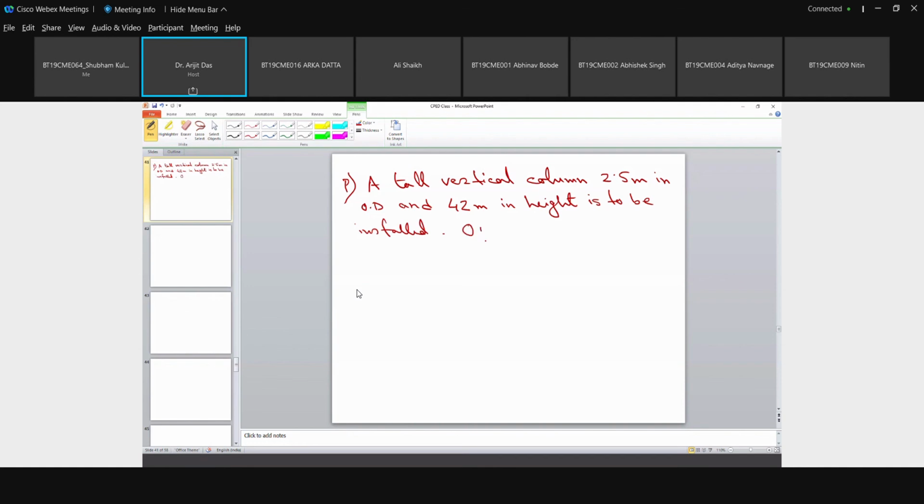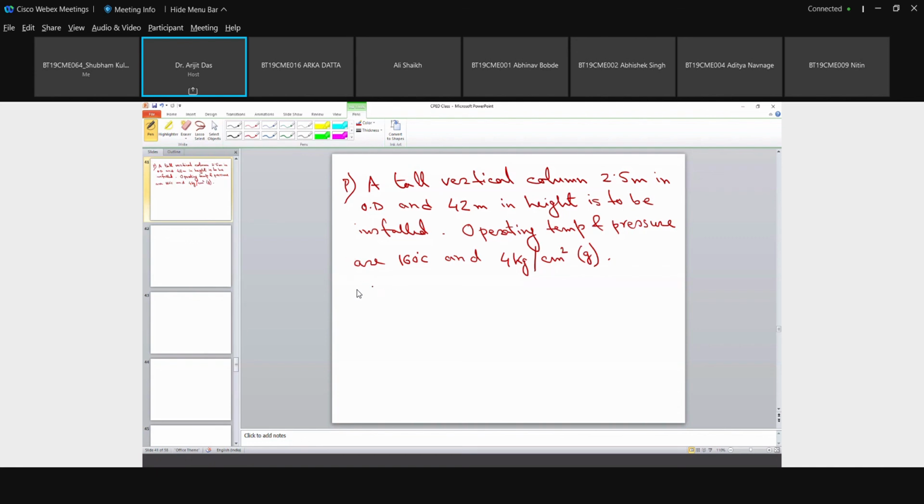Operating temperature and pressure are 160 degrees Celsius and 4 kg per centimeter square gauge pressure respectively.